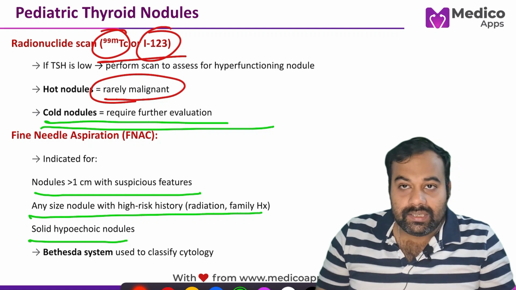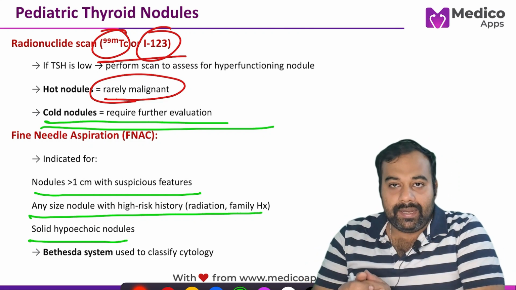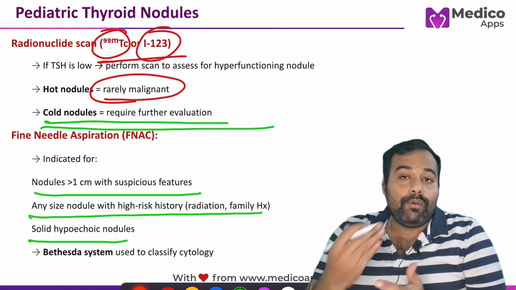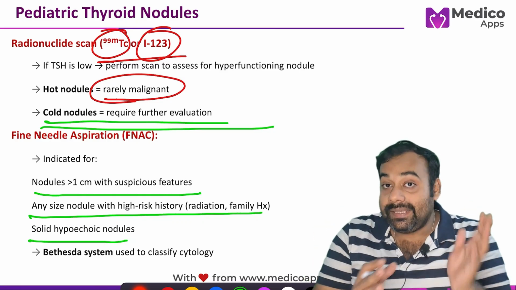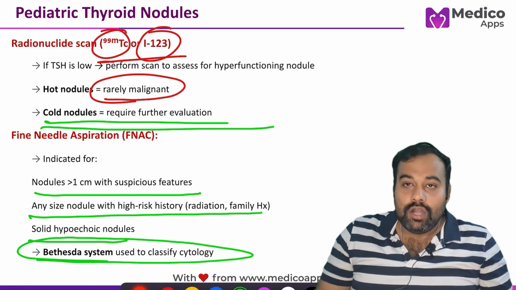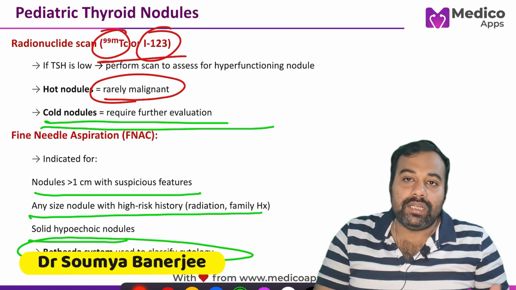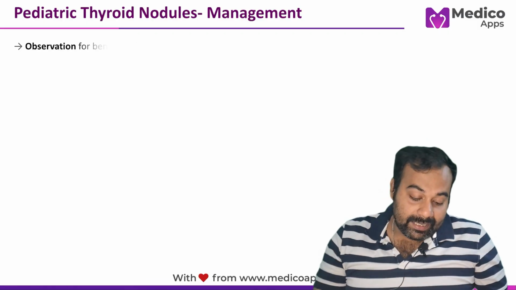After doing the FNAC, you have to make the report, or your pathology colleague is going to make the report. That reporting system is taken through the Bethesda scoring system. This Bethesda scoring system is here to guide us to classify the cytology and how we should proceed with this specific classification, right?